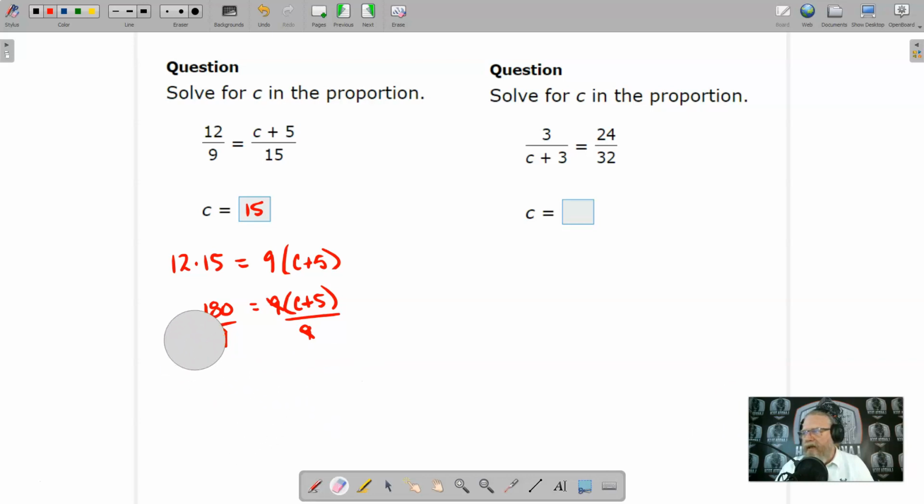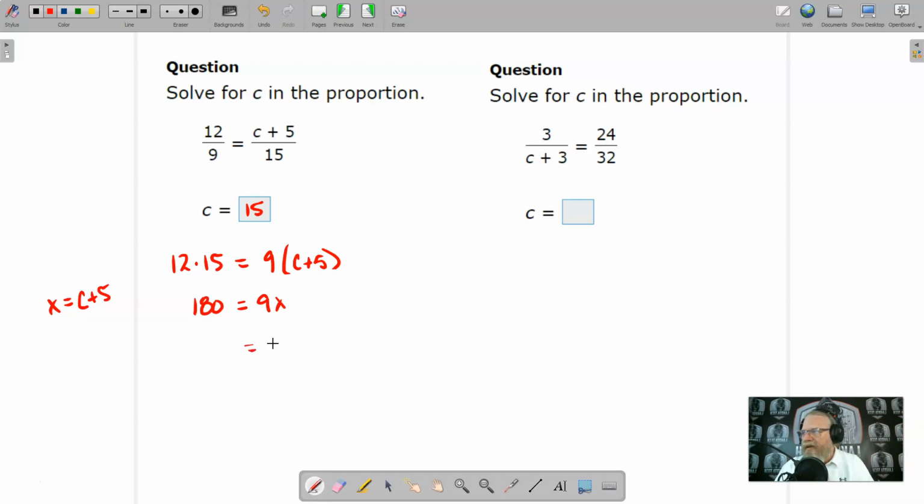There's another way that I was thinking about doing this. Whenever I do it on the calculator, I was doing this earlier, and I just think of this whole thing, c plus 5, as being like x, right? x equals c plus 5. So I kind of think of it that way. So I end up doing the 180, the product of 15 and 12, and 9x, right?